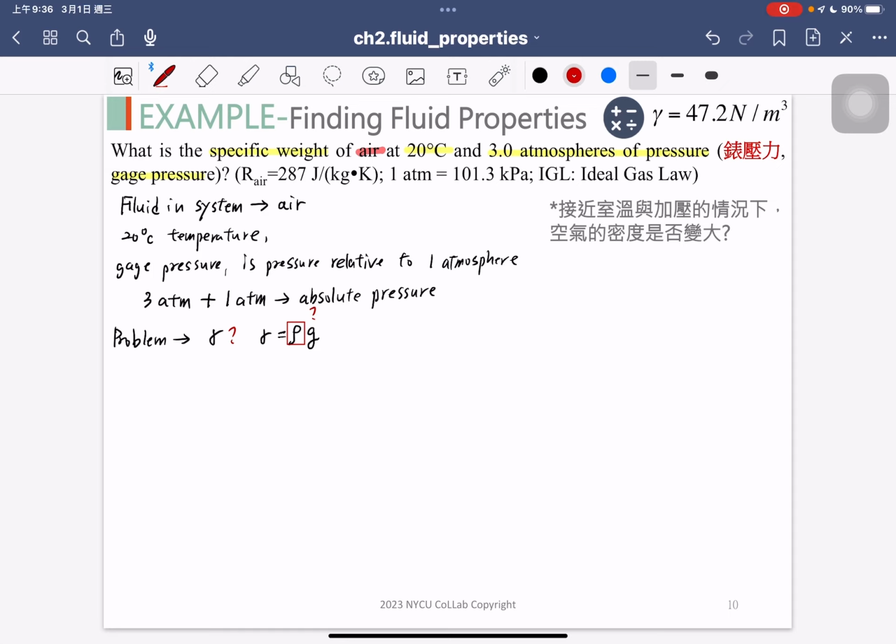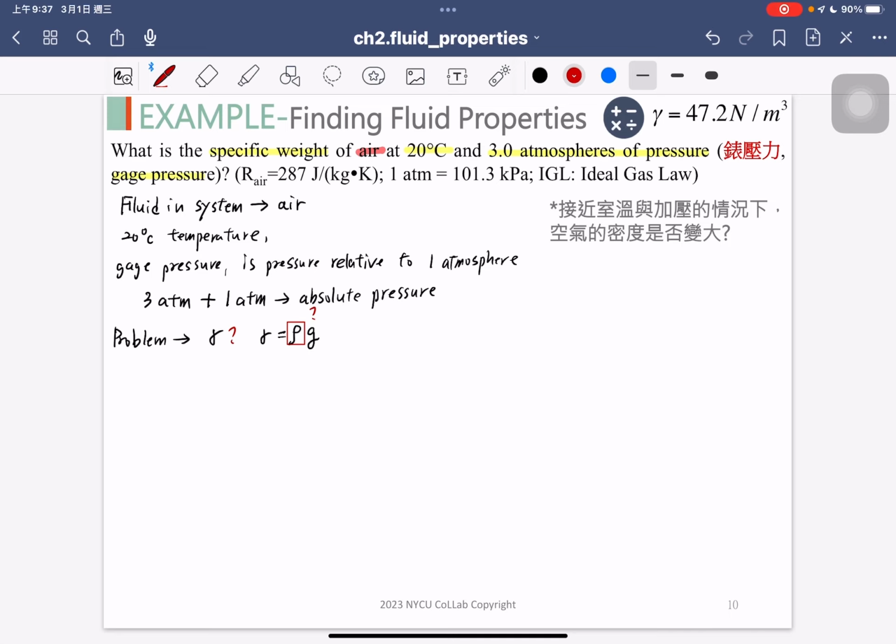Because the target material is the air, we can apply the ideal gas law to solve the problem, right? So after I describe the system, and I know the state is 20 degree temperature and 3 atm gauge pressure, and my purpose is the specific weight gamma, the unknown parameter is the density.